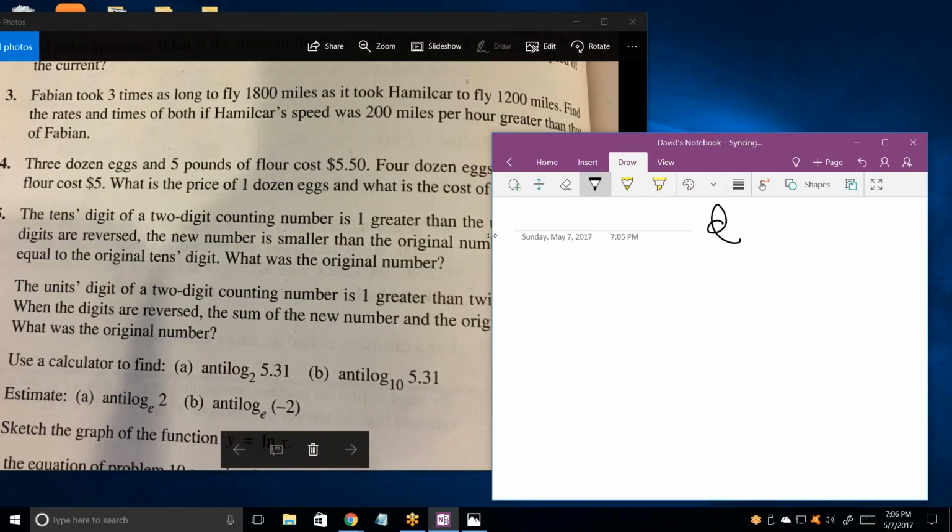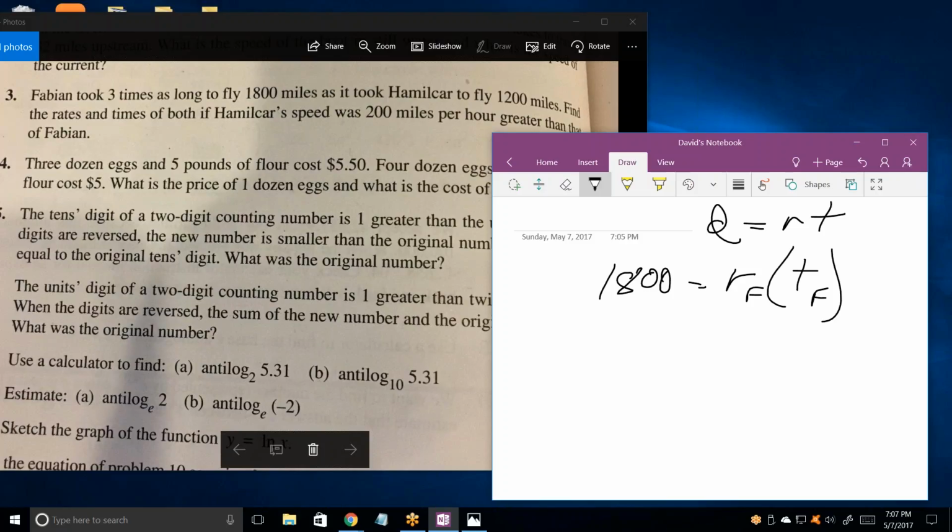Again, it's distance equals rate times time. So for Fabian, it's 1,800 miles equals the rate of Fabian, r sub f, times the time of Fabian. Well, let's just for the moment write that time of Fabian.